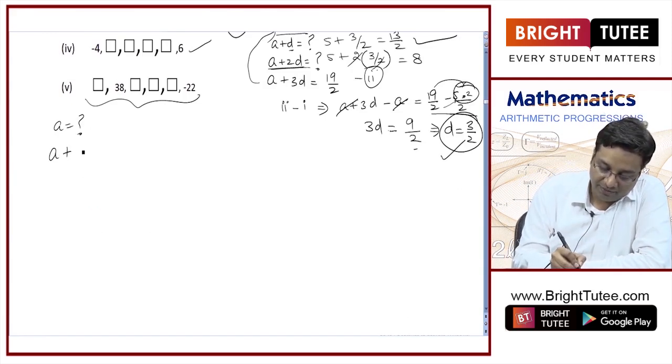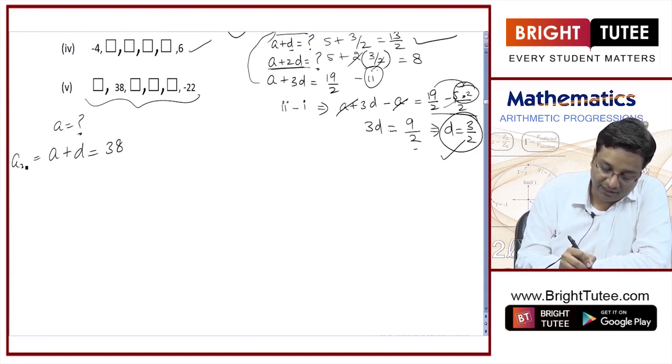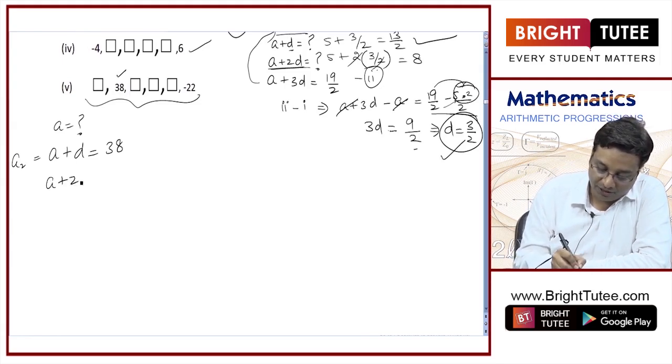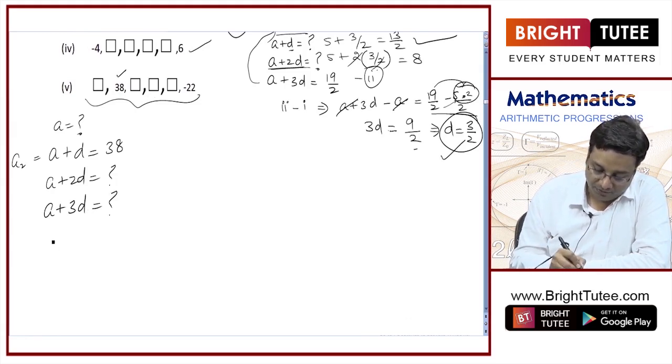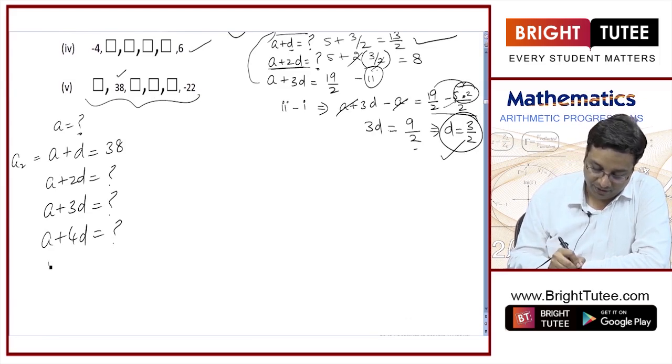What you are given is A plus D equal to 38. I am writing it directly, otherwise this is the second term, A2, right? A2 is A plus D. Okay, the third term you need to find out, the fourth term you need to find out, also A plus 4D is unknown, right?